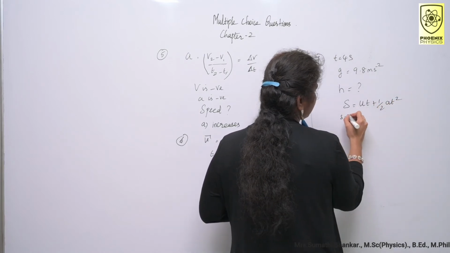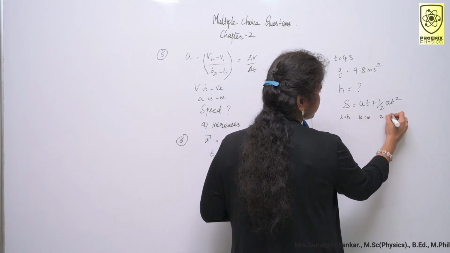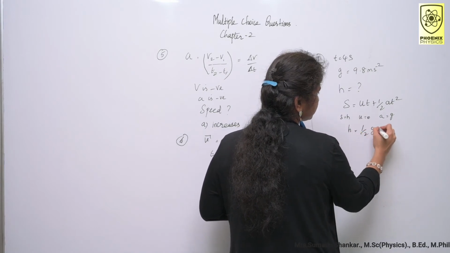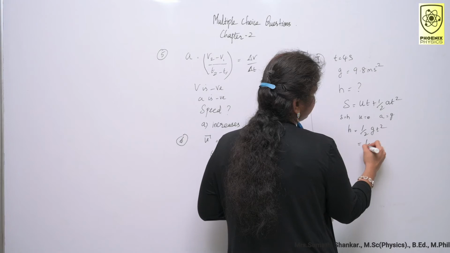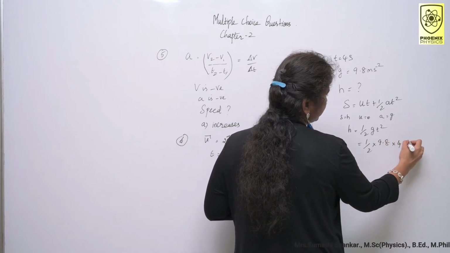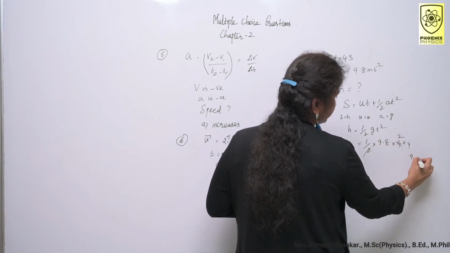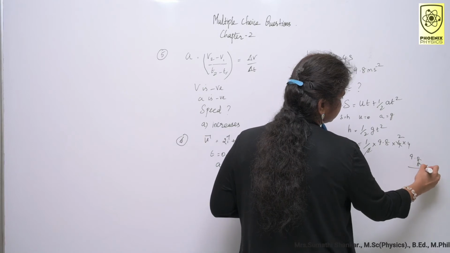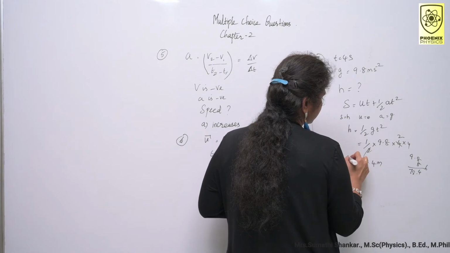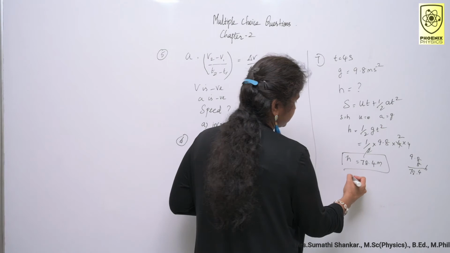Instead of s, you substitute h. u is 0. Instead of a, you substitute g. So h is equal to half g t square. Half into g value 9.8, t value 4 square, 4 into 4. Cancel this 2, so 2 into 8. So 9.8 into 8 is 78.4 meter. This is our h value. Option B is correct.